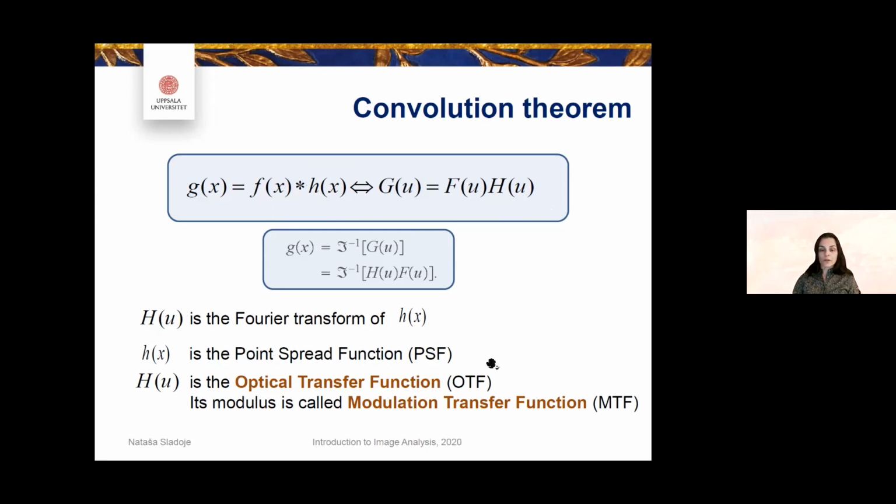Optical transfer function, OTF, is something that you might run into, so you should know what it is. In particular, since we're talking about the Fourier domain, the modulus of the complex function, which we get in the Fourier domain by Fourier transform, is called the modulation transfer function. So that would be the modulus of the optical transfer function, being a Fourier transform itself.